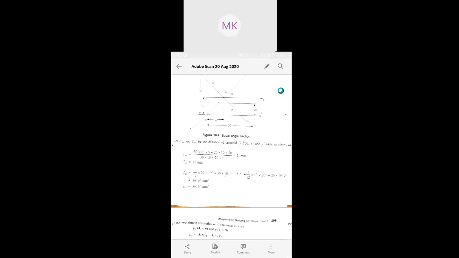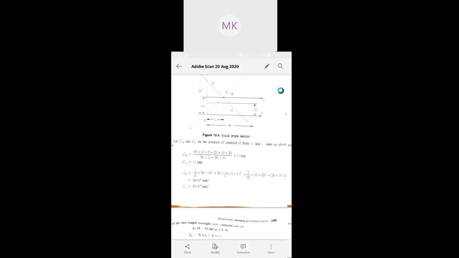So we need to find where our axis actually exists for this type of section. For that we need to find the centroidal distance. We have already found cxx and cyy. After finding that, we can say that our axis is at a distance of 11 mm from the section. You can see in the figure cxx and cyy is written. At that distance we need to draw the x-axis and y-axis.